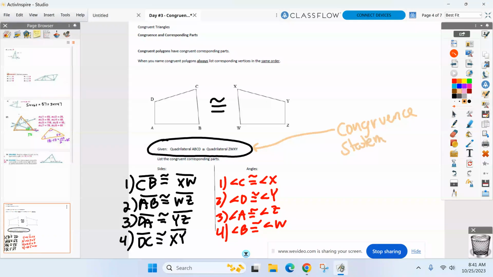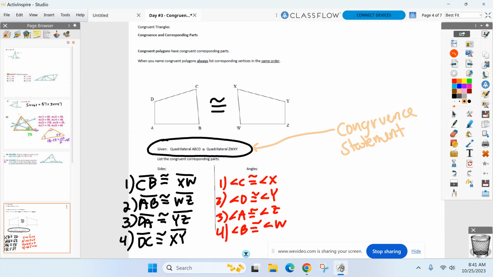It will always be written in the same order as the sides and the angles are. The congruence statement will also show you what sides and angles match up. Do you see what I'm saying? My secret here: the first two letters are AB, so I know they're going to match up with the first two letters here, ZW.